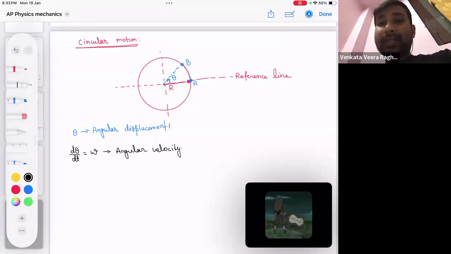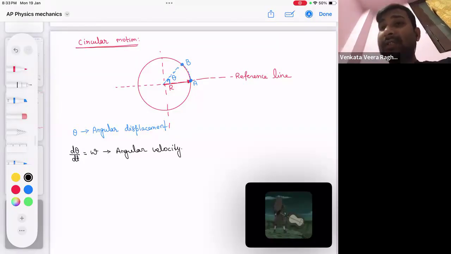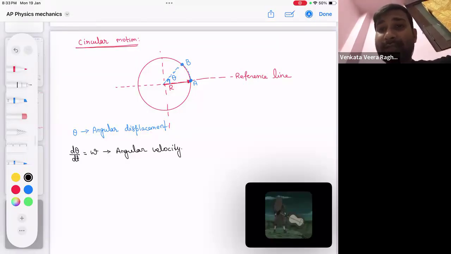Now the third thing. Sometimes in the question, omega, meaning angular velocity, will also be changing in the journey. So what does d omega by dt tell us? That is written as alpha. Alpha is called the angular acceleration.